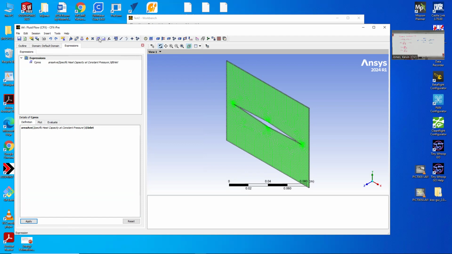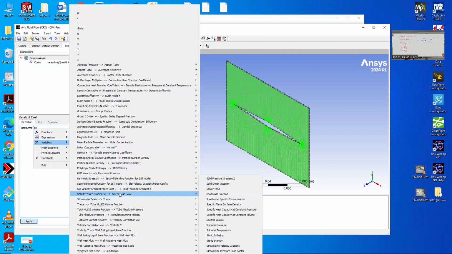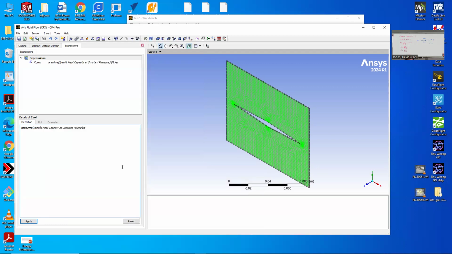The other one is also an area average: constant volume, inlet.